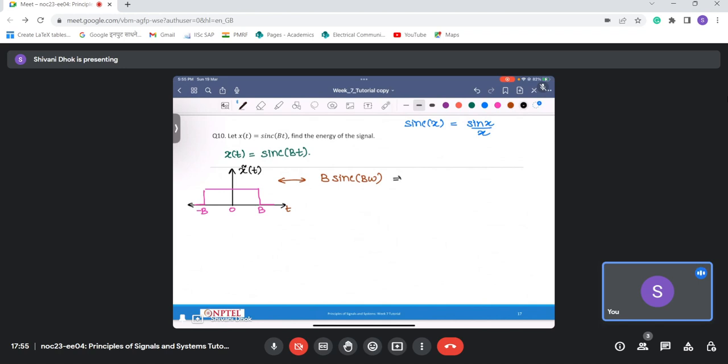So what we can write is that this x tilde(t) by b has a Fourier transform of sinc(b omega). Now what we have been given is x(t) equal to sinc(bt). Now we'll make use of the duality property.